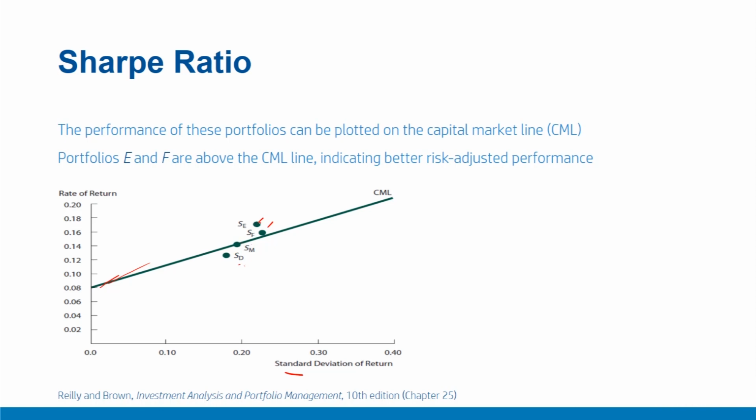It seems that security E and F are undervalued and therefore offer higher expected return and perform better in terms of Sharpe ratio, while portfolio D is overvalued and performing badly if the Sharpe ratio is the appropriate measure. These performances are obviously measured on risk adjusted basis since we are using Sharpe ratio as the appropriate measure.